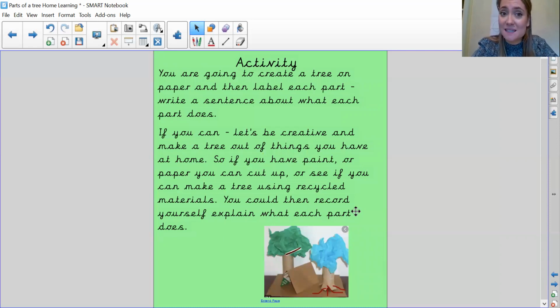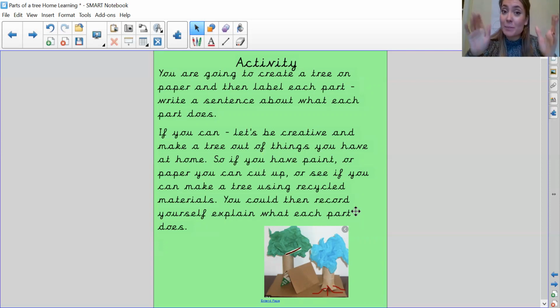Okay, so your activity today, what you're going to do is I want you to create a tree on a piece of paper and then label each part. You could write a sentence about what each part does. If you can be creative, you can make a tree out of the things you have at home. So you've got a bit of options today.